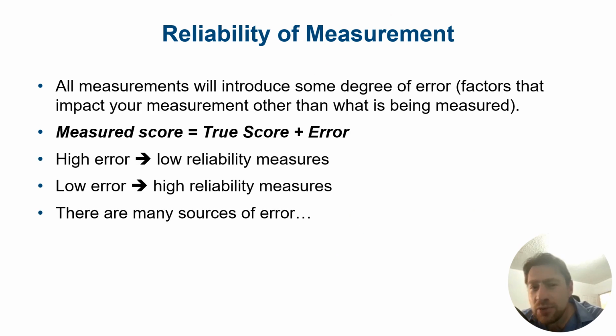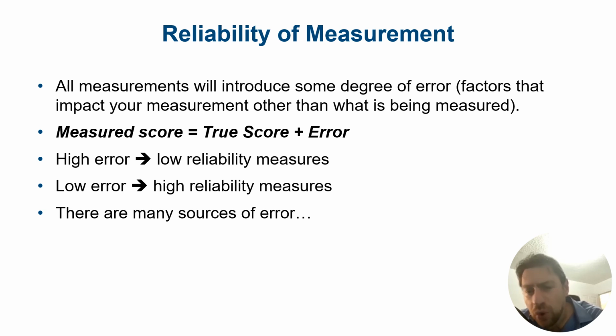So every time that you take some measurement, that measurement will contain some degree of error. And error is defined as any other factor that can impact your measurement other than what is being measured. And there could be many, many sources of error.